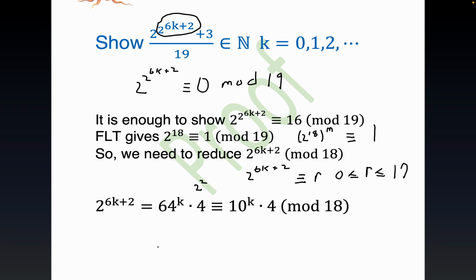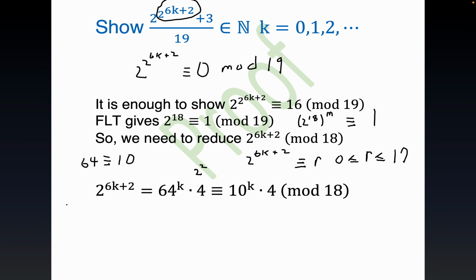Now, this is very easy to see. 64 is congruent to 10, because 64 minus 10 is 54, and 3 times 18 is 54. A nice thing that happens here is that this is the same as 10 to the k times 4, which of course reduces to 4.